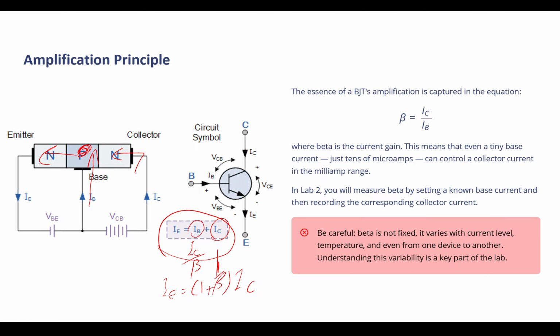But beta, we said, is normally over 100 or 200, so 1 over beta is a very tiny number. So we can neglect that and approximately say the emitter and collector have the same current. Are we good?